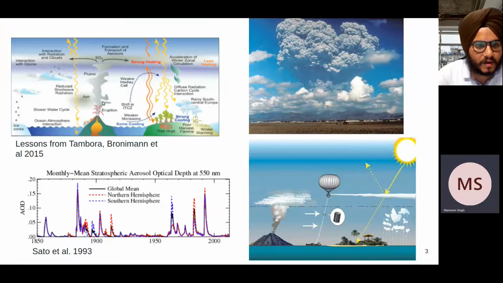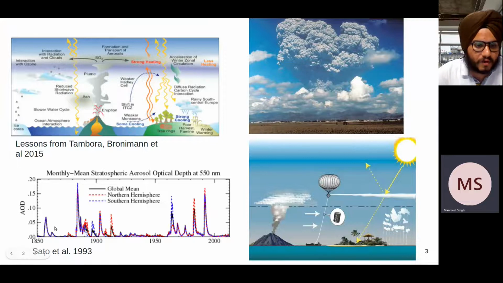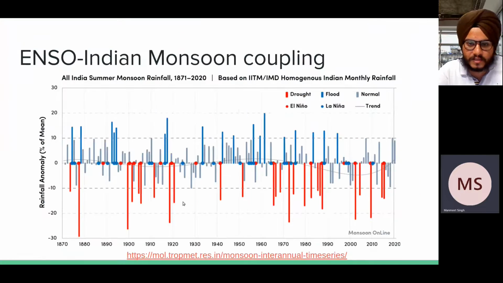Volcanic aerosols interact with the atmosphere, leading to changes in the circulation, in the ITCZ and the Hadley cell, and to heating in the stratosphere. What we are talking about here are large volcanic eruptions, which lead to changes in the global mean radiative forcing. These volcanic eruptions can change the ENSO and Indian monsoon coupling.